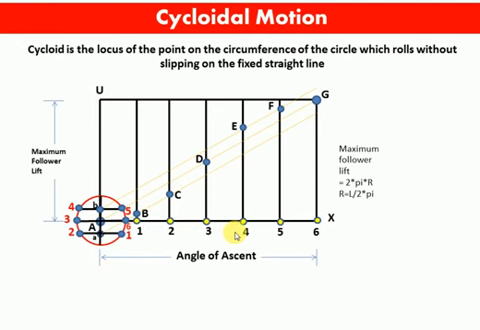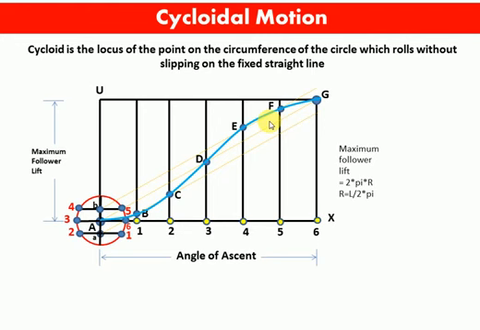So from point capital A till G via B, C, D, E, F we'll draw a smooth curve, and finally this smooth curve represents the cycloidal motion.